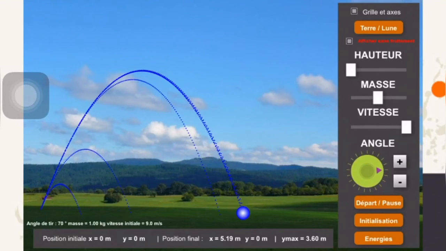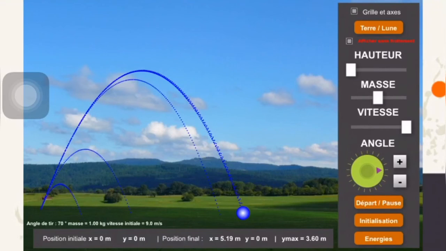So the velocity of projection causes the maximum height the projectile attains to decrease, and the range as well.